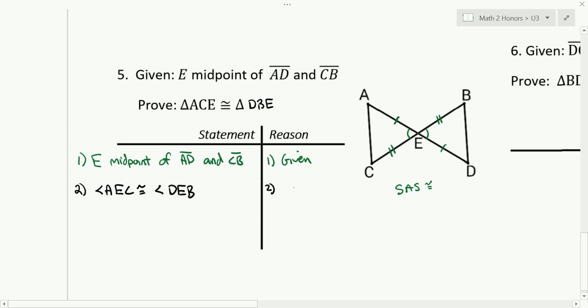Why? Reflexive is when it's the same exact thing. So if I said angle AEC is congruent to itself, AEC and AEC, then that's reflexive property. But here we're not doing that. These are actually different locations, not the same exact thing. What's our reason? Look at proof tip number 2. Vertical angles are congruent.